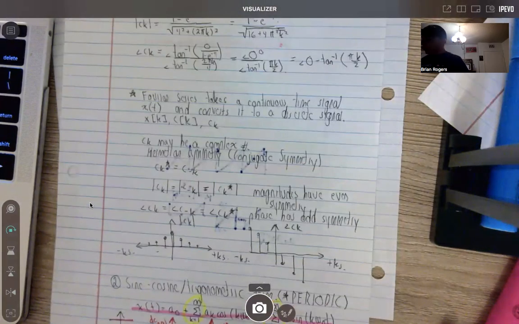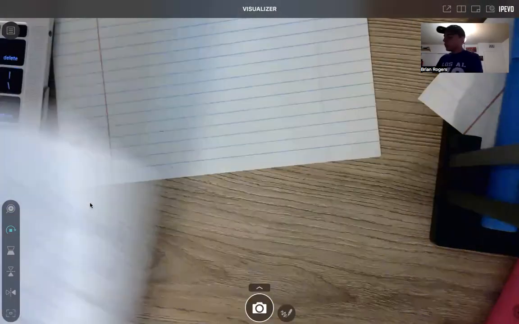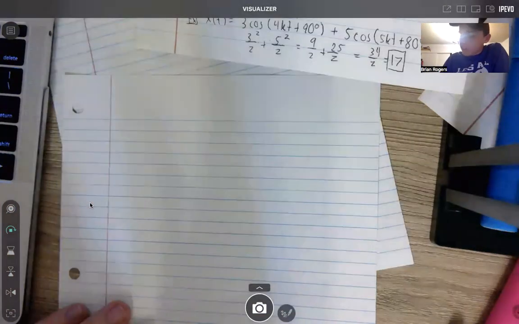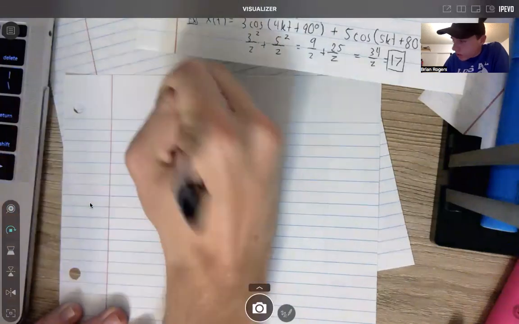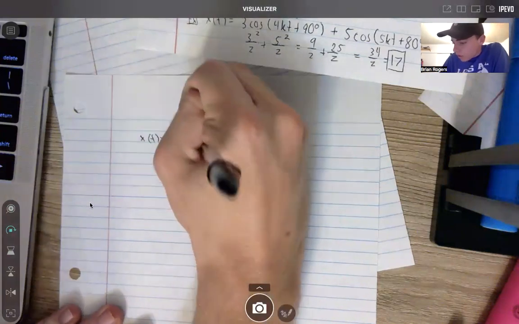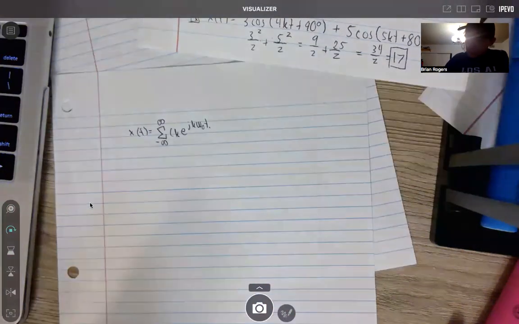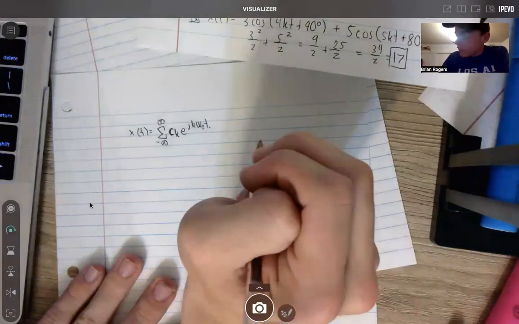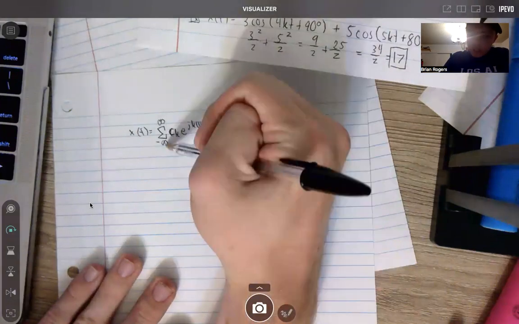And so what they write here for the error of approximation is this. Ideally, x of t equals the summation from negative infinity to infinity of ck e to the jk omega naught t. That's what we're used to seeing. However, we approximate it, and we take this into account by using the error of the approximation, because we can't go from negative infinity to infinity in our calculator.